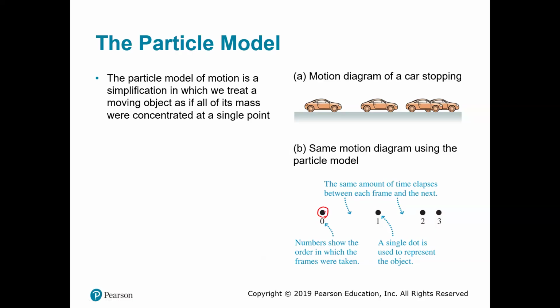That means this is the location of the car. And then you have a number here. This is the frame, or sometimes it can be a time, right? So the particle model of motion is a simplification in which we treat a moving object like our car as if all of its mass were concentrated at a single point. Okay.